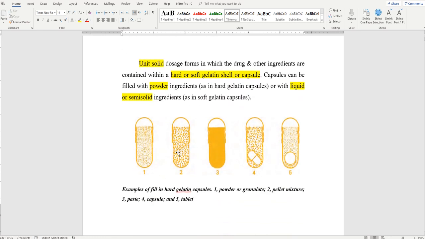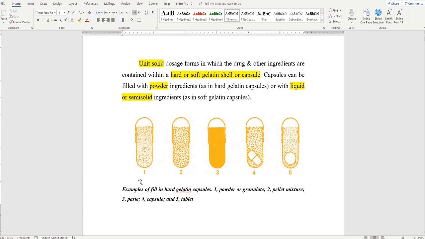Now, if we want to be more accurate in describing the composition of the filled materials inside the capsule, then you should know that hard gelatin capsules can actually encapsulate almost any type of materials, provided that these materials do not dissolve or interact with the shell.